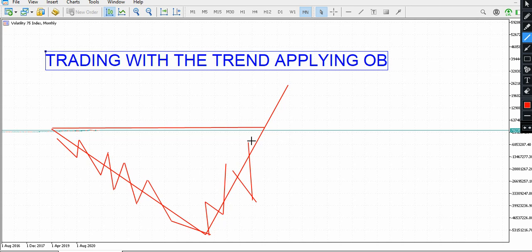We are being shown this example every day, everywhere: expansion, retracement, expansion, retracement, expansion, and a retracement.